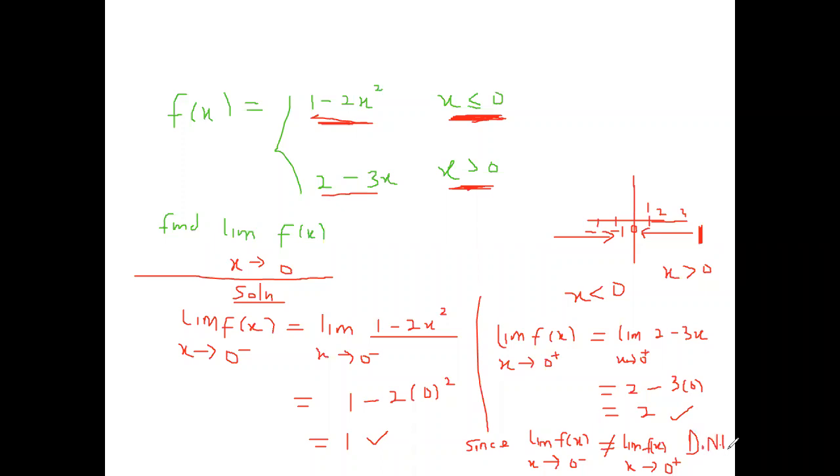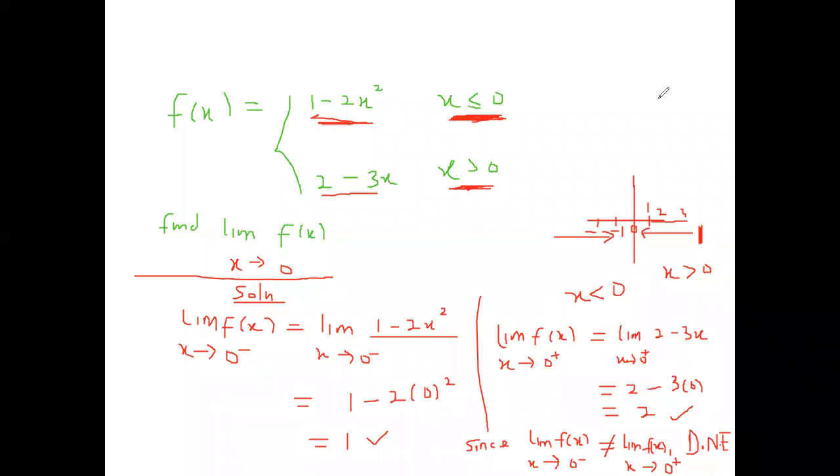So DNE means does not exist. So since the limit from the left hand is not equal to the limit from the right hand, then the limit, okay, you write then, okay, lim of f of x, okay, for the lack of space.